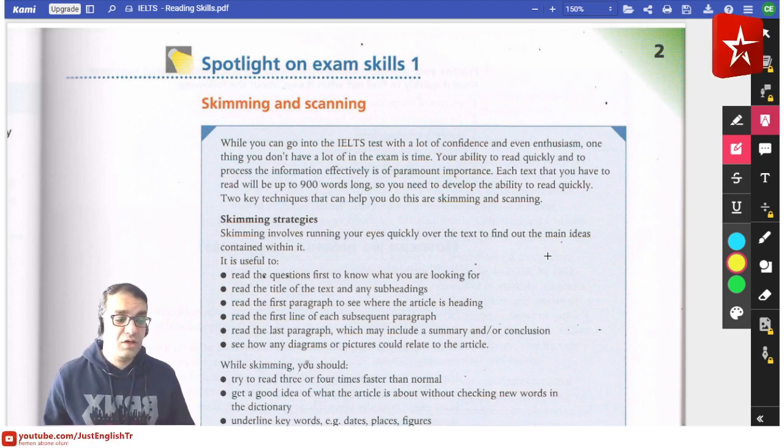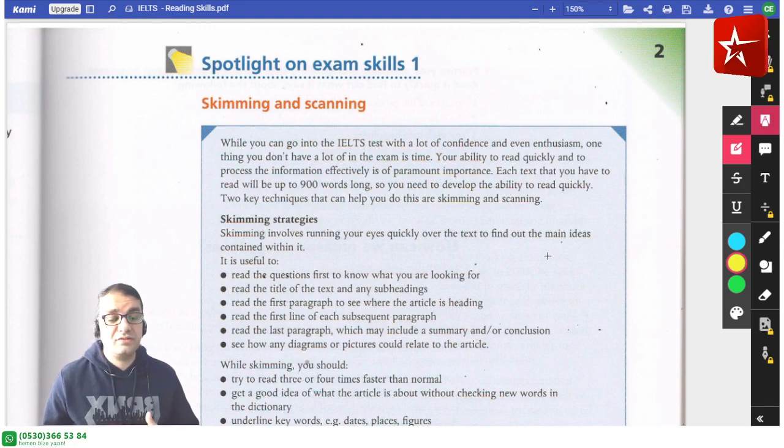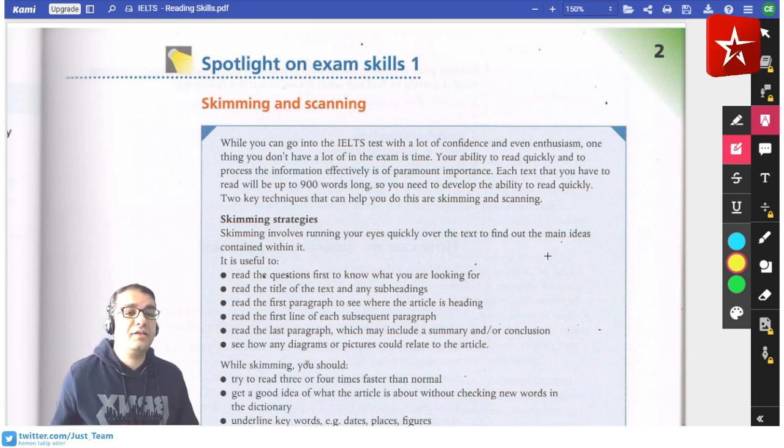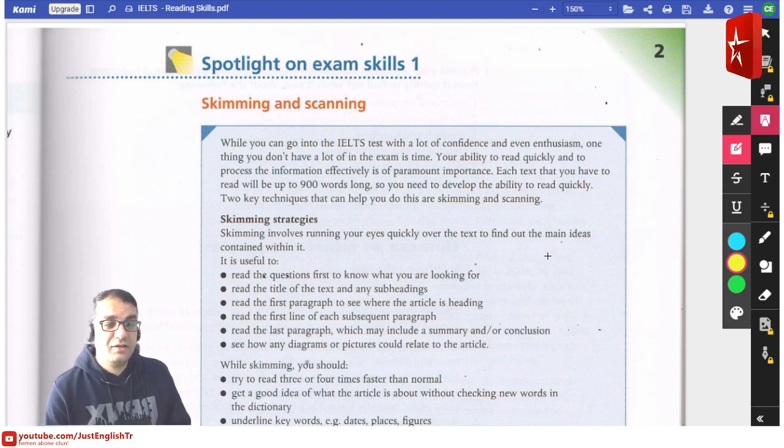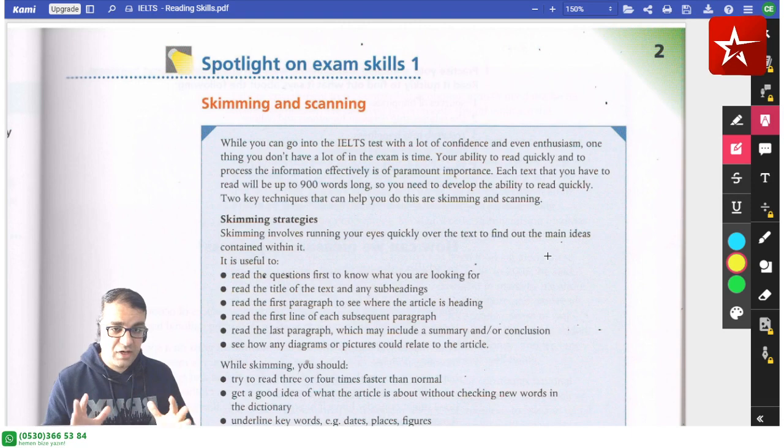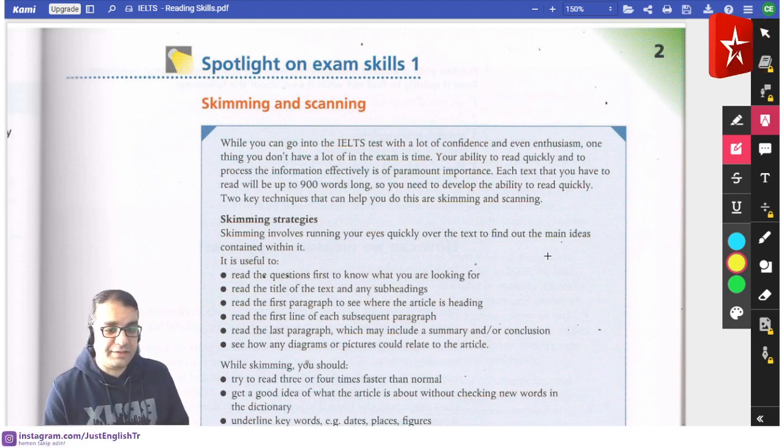Remember, time is against you, and you have to avoid some mistakes which regularly happen while readers are doing the exam. The first time, it's a bit hard for them. So to avoid such mistakes, we're going to cover all the skimming tactics and the scanning techniques.